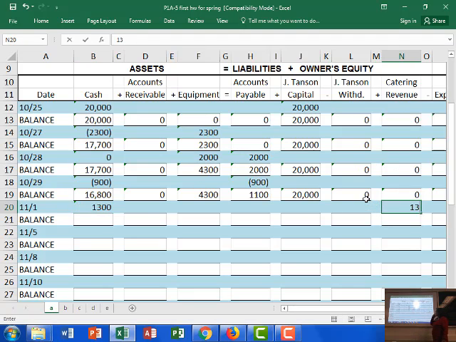He made money. Actually, he made enough money to go ahead and pay off that accounts payable if he chooses to. So we bring your balances down. And remember, the reason I say bring your balances down is so that you know which transactions you've actually been dealing with for that first day in November.